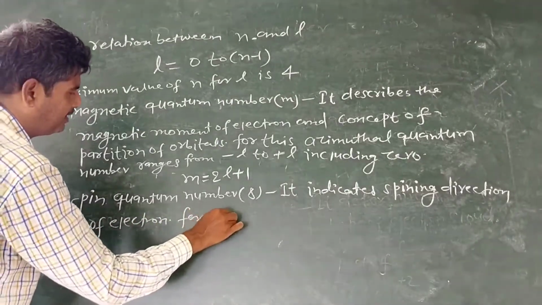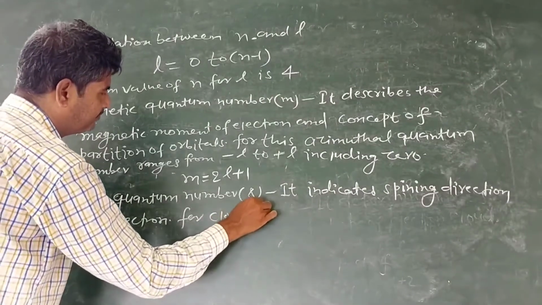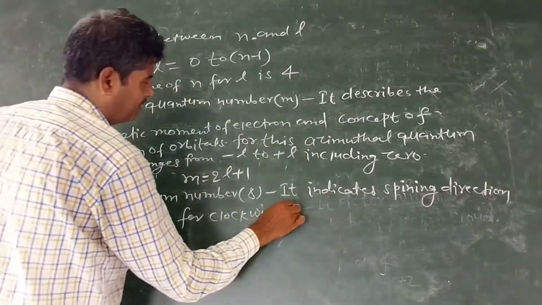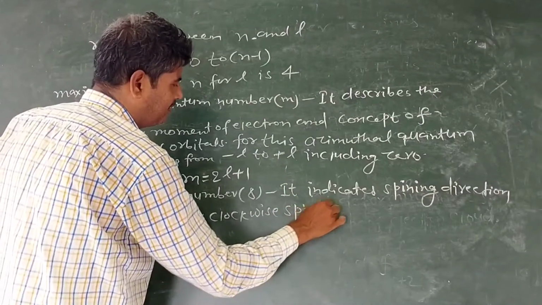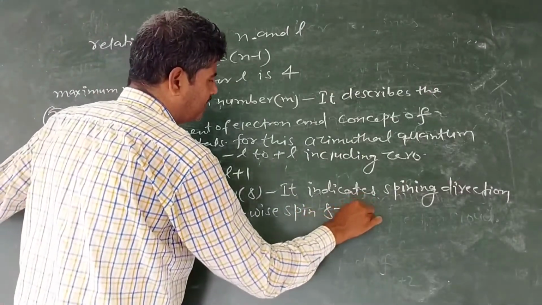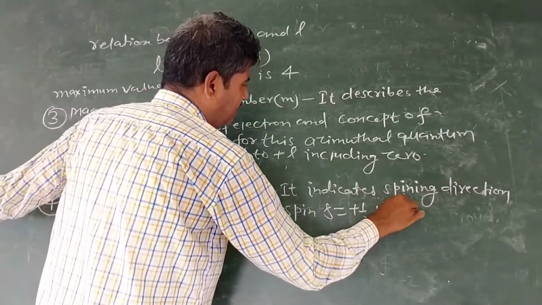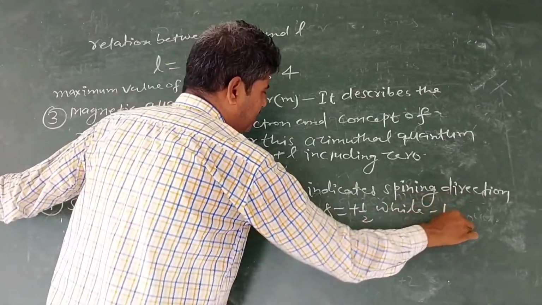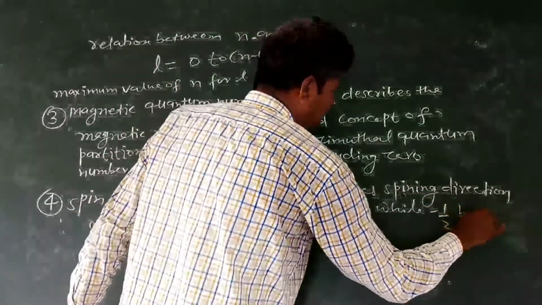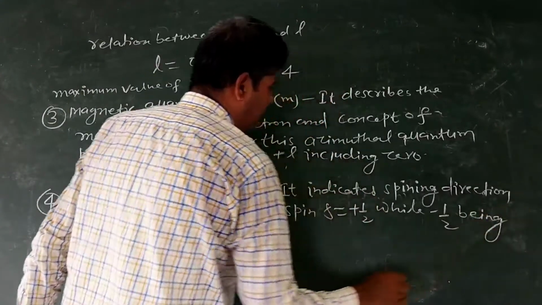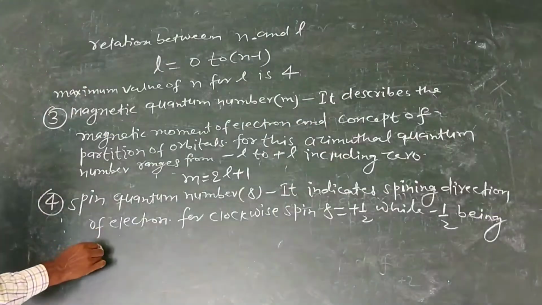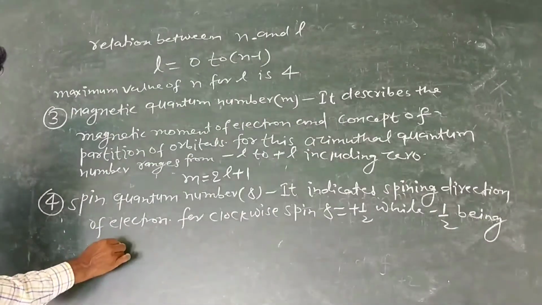For clockwise spin, s is equal to plus half, while minus half is anti-clockwise spin.